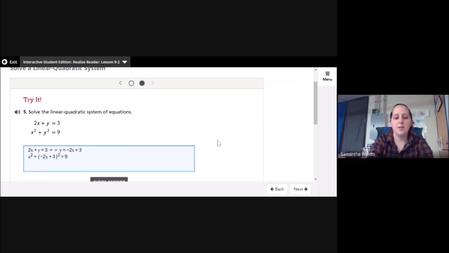So that gives me negative 2x squared becomes 4x squared, 2x times 2x gives me the 4x squared. Negative 2x times 3 gives me negative 6x, negative 6x plus 9 equals 9.